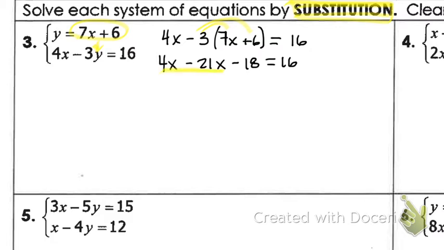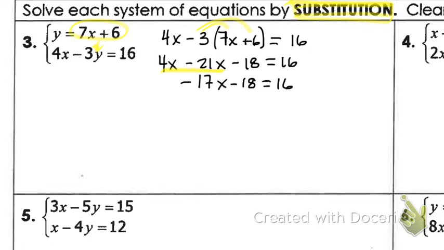Two things with x. So 4 minus 21. Negative 17. Okay. Negative 17x minus 18 equals 16. And now we can solve.